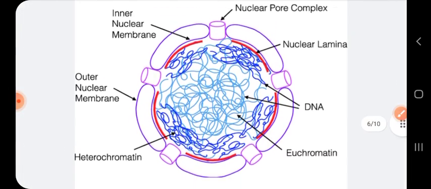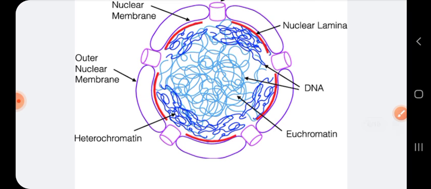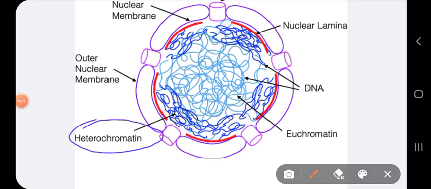Generally, two forms of chromatin are observed. One is called heterochromatin and the other is called euchromatin. Heterochromatin is a highly condensed region of chromatin, found around the nucleolus, which I will discuss after this, and at the periphery, that means the end portions of the nucleus.